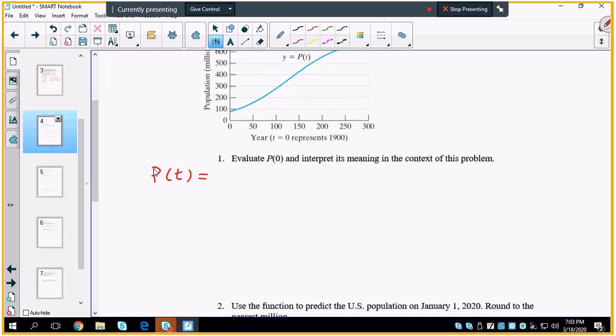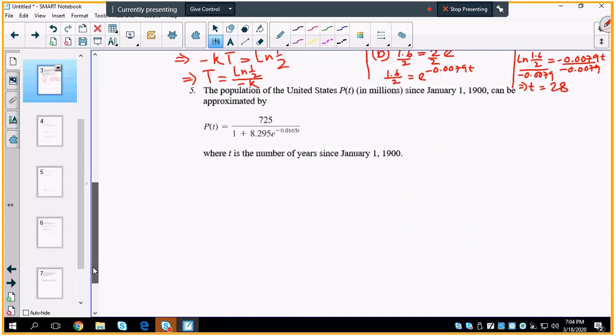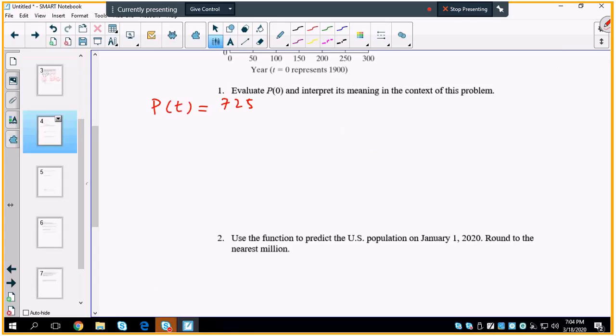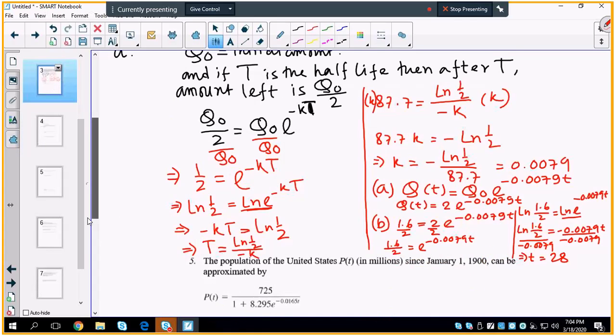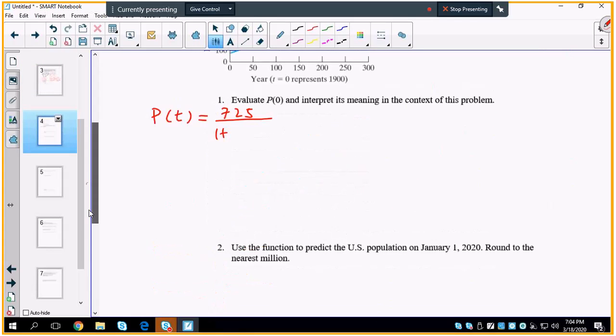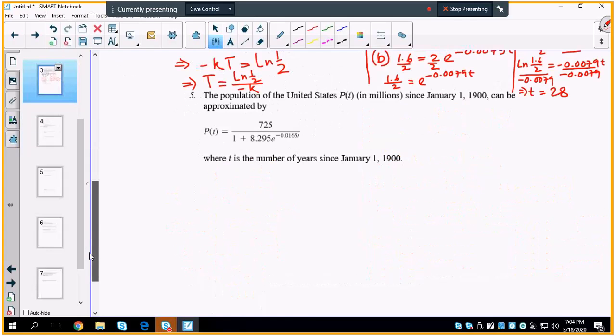So think about P(t). P(t) is given by this function: 725 over 1 plus 8.295 e to the power negative 0.0165t.